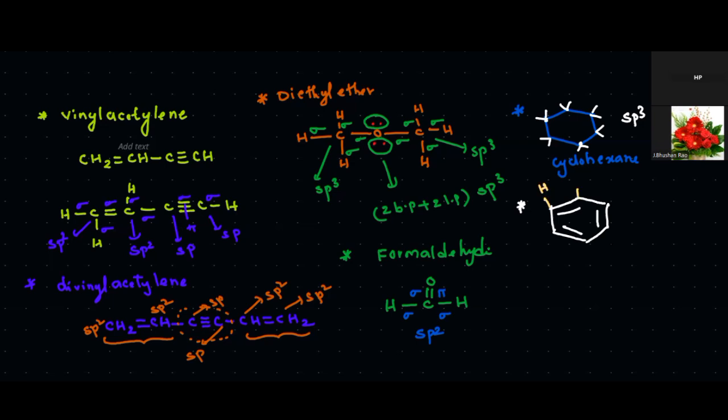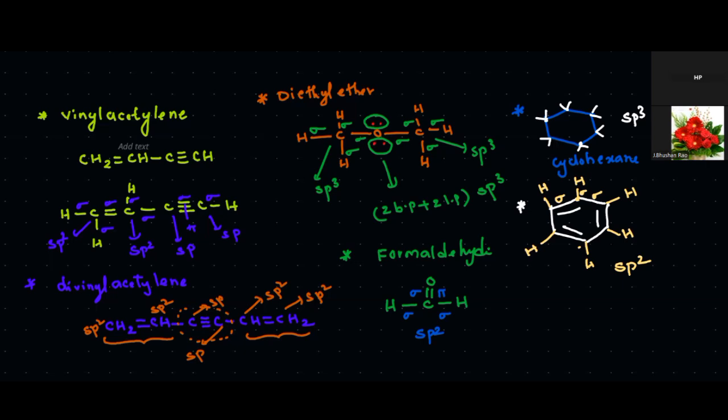Now six carbon atoms have six hydrogen atoms. If you observe each and every hydrogen atom, all are sigma bonds. This is the central atom carbon: it is one sigma, this is another sigma, hydrogen is sigma, totally three. One carbon has three sigma bonds. Each and every carbon is sp2, so the overall molecule is also an sp2 hybridized molecule.